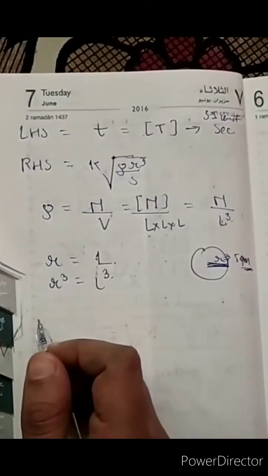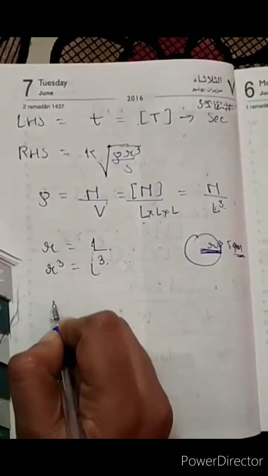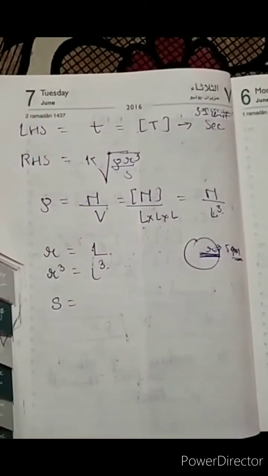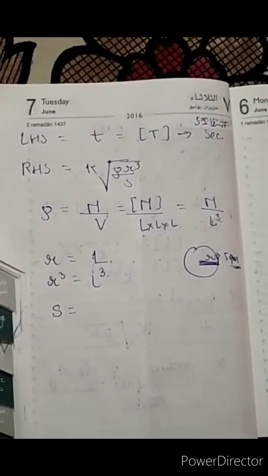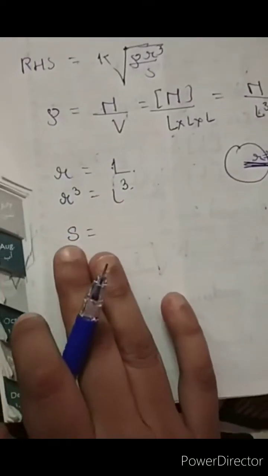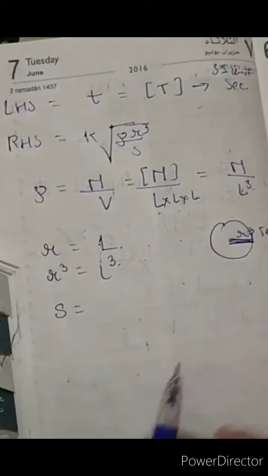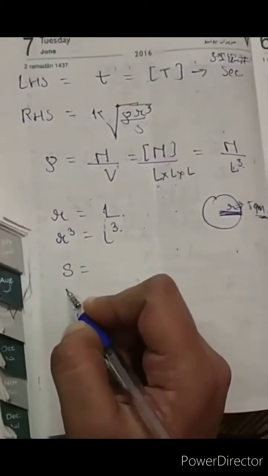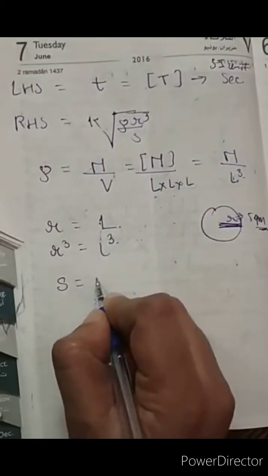What about surface tension? Surface tension means S. Students, don't worry about these formulas. I told you, as you go along with your physics chapters, by the time you will get all the formulas in your mind. Surface tension is basically force per unit length.